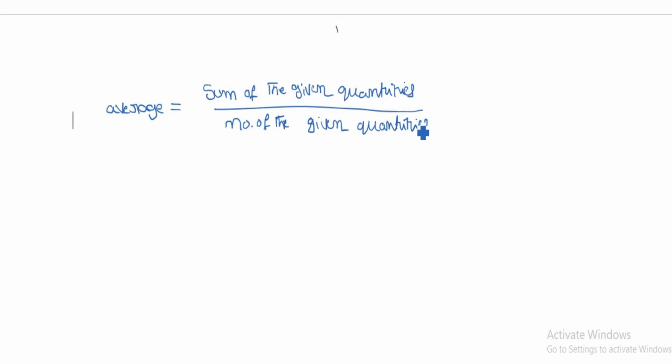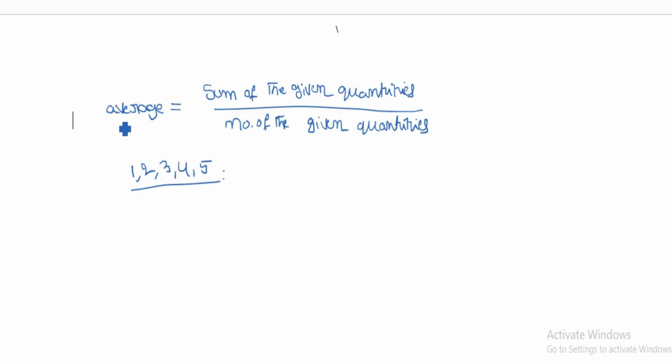Let us take a small example to understand this concept. If you want to find the average of the first five natural numbers, how can we find? So take the first five natural numbers. To find the average, how to solve this problem?